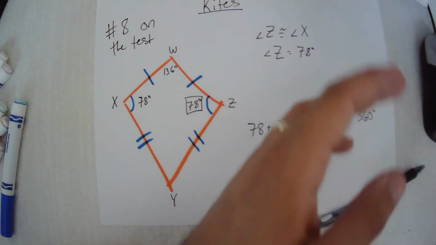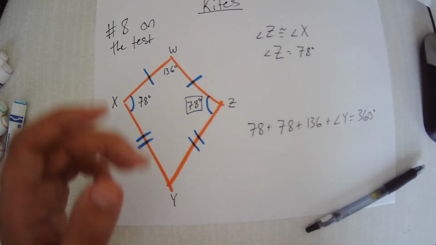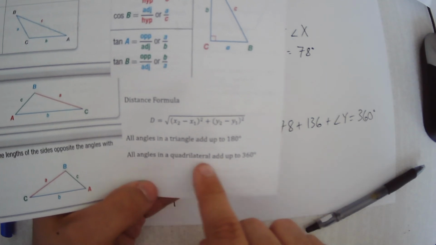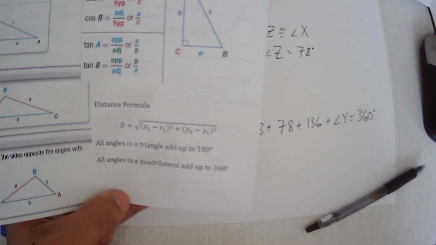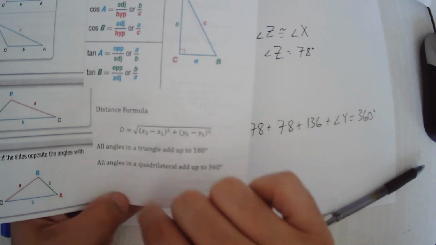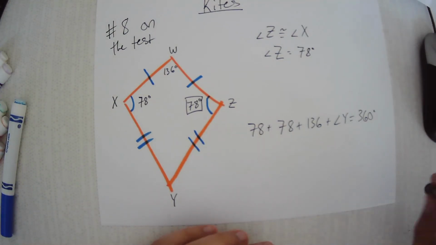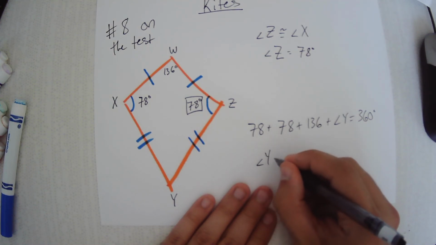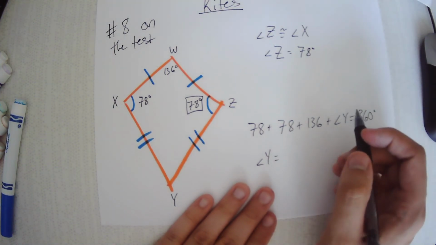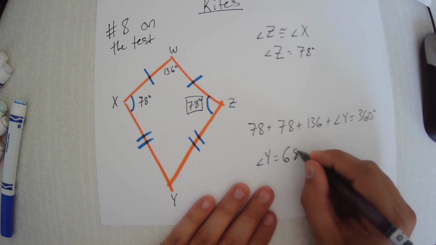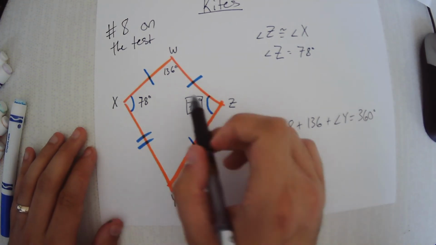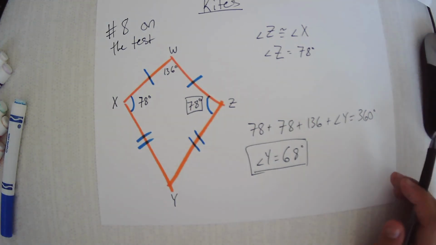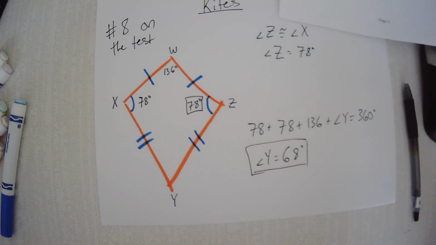In case you forget that, I put this on your sheet: angles in a quadrilateral add up to 360, angles in a triangle to 180. That's on the back in this no man's land of your sheet. And that leaves us with angle Y being equal to 68 degrees. And that's how we can find this from just two givens. This is the same question as on your test, number 8.